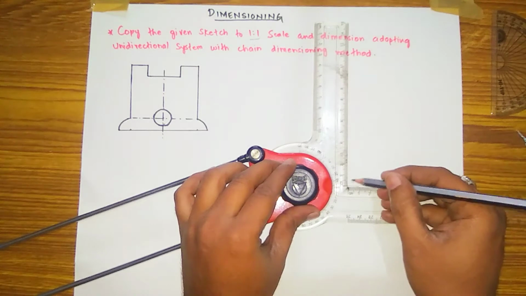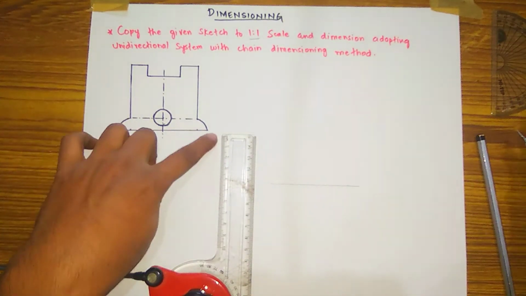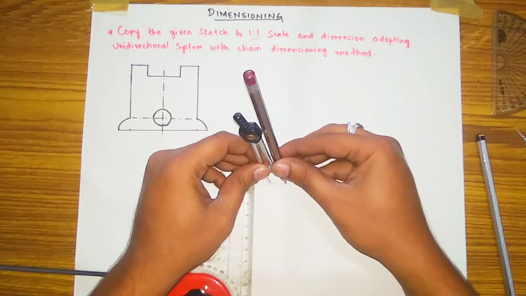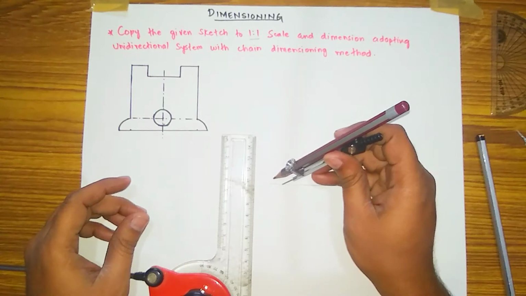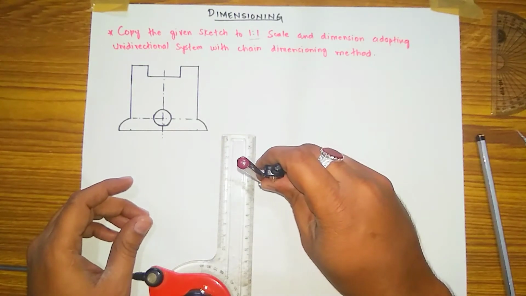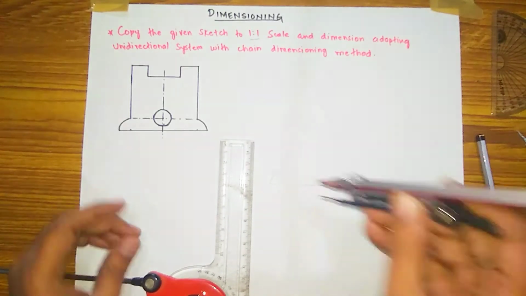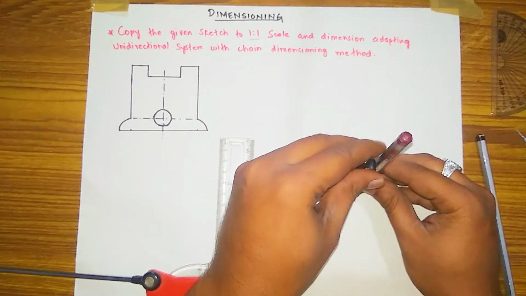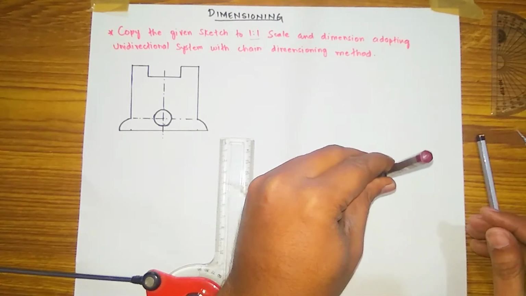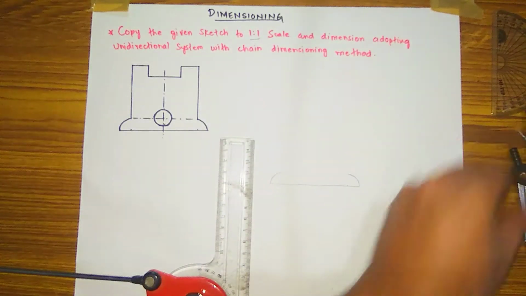Put a dot here. Now you have to draw this quarter circle. With that dot, I take the distance by measuring on the divider and make a quarter circle like this. And same here also you have to do. Okay, the quarter circle I have completed.